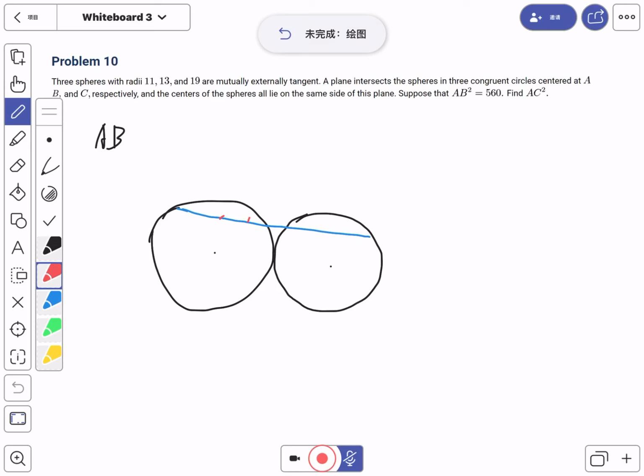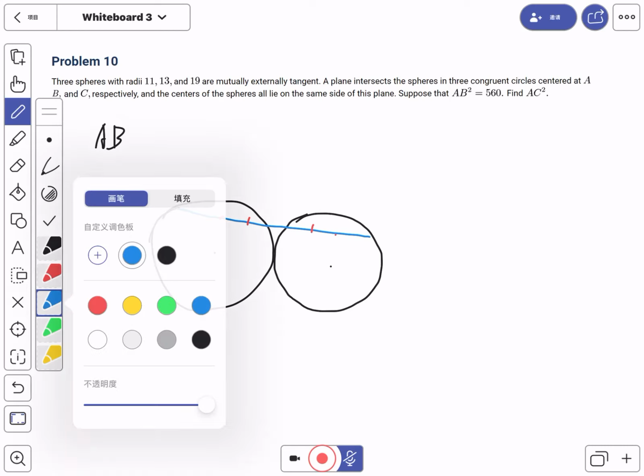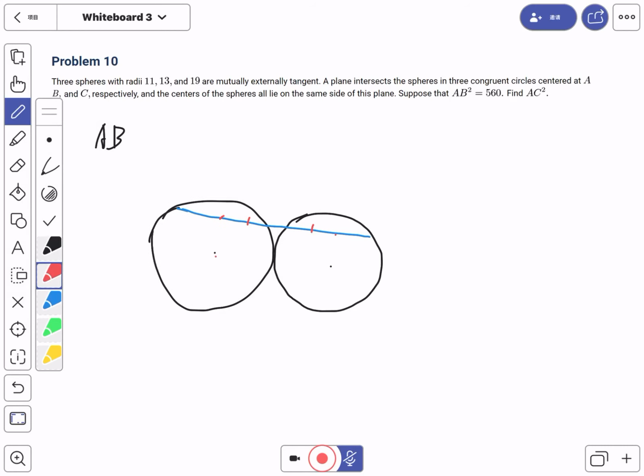The radii are equal, and we can try to connect the two centers. So this length is essentially 24, right? Now we can also connect these two.